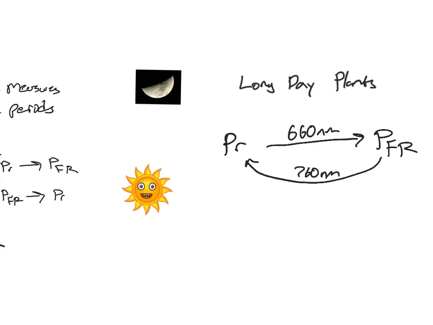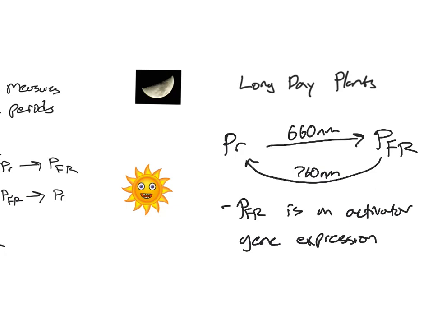The thing with the long day plants is there's some sort of minimum amount of PFR that must be present. So again, PFR is an activator for gene expression of flowering. So in order for the plants to be able to flower, these genes have to be activated, and the PFR is an activator for that.